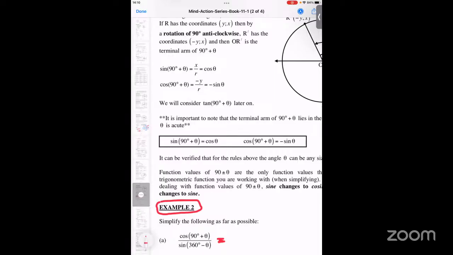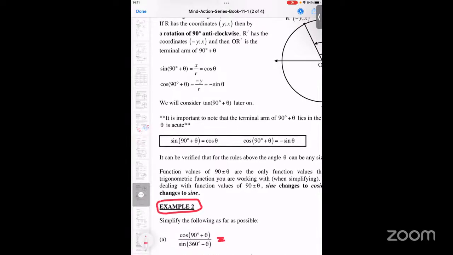Got the answer, sir. Okay, how did you work it out? First, the cos of 90 minus theta, I changed it into sin theta. Wait, what did you change? I changed the cos of 90 plus theta into sin theta, okay.